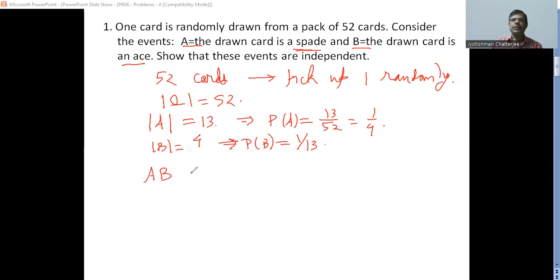That means the drawn card is a spade as well as an ace. In other words, the drawn card is the ace of spade. There is exactly one choice. That's why this is 1. That means probability of AB equal to 1 upon 52.